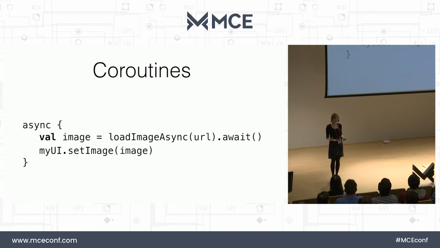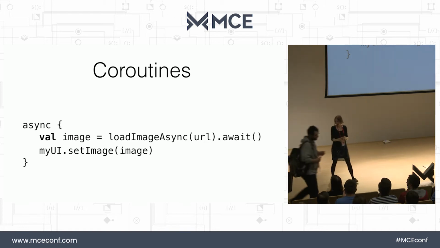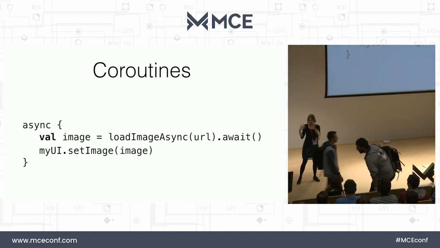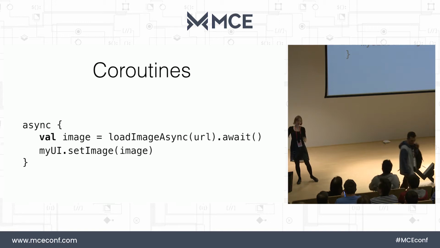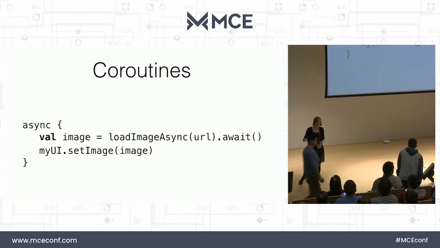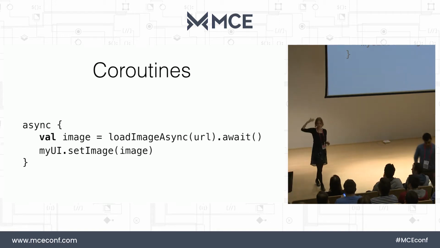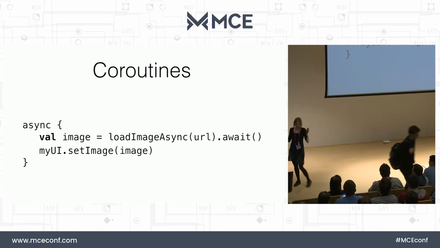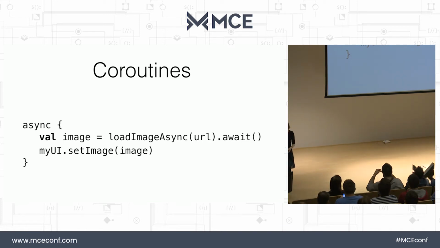Coroutines allow you to write code similar to the one that we had in the first example, just without defining the callbacks. You just write your code sequentially, but you use some special syntax like async await.